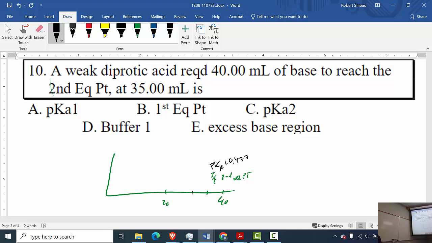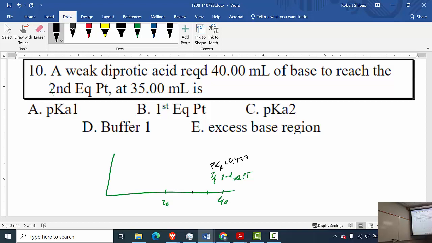No, the buffer 1 region. Between 0 and 20, in this region here.